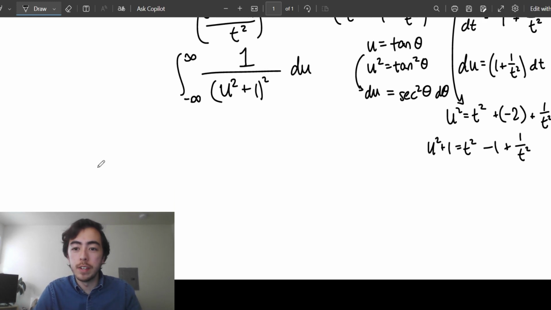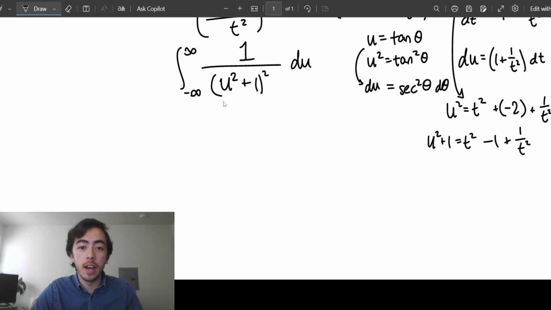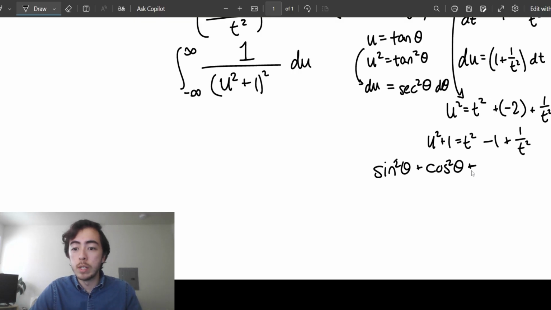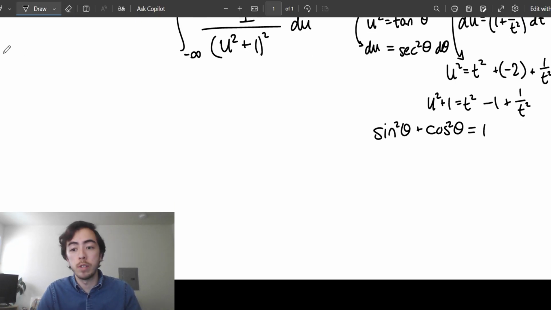And then I also need to figure out what my trig substitution here is. I have a tangent squared plus 1 right here, and I just want to double check what that's supposed to be. I'm really confident in my knowledge about the identity sine squared plus cosine squared equals 1. And I always forget how to produce the one with tangent squared myself. And so I do know that, starting from here, tangent is the same thing as sine over cosine.